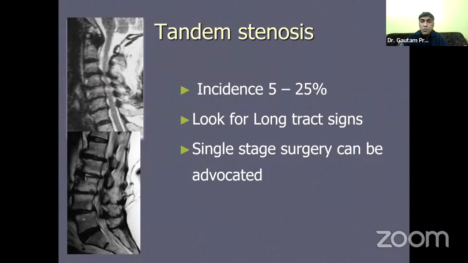So make it a point that whenever you do an MRI of the lumbar spine, even if based on clinical examination you suspect only lumbar canal stenosis, that MRI includes at least one sagittal picture of the entire spine, so that you don't miss any cervical lesion or cervical stenosis.